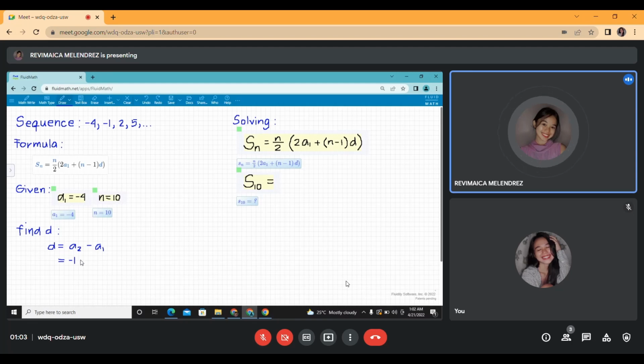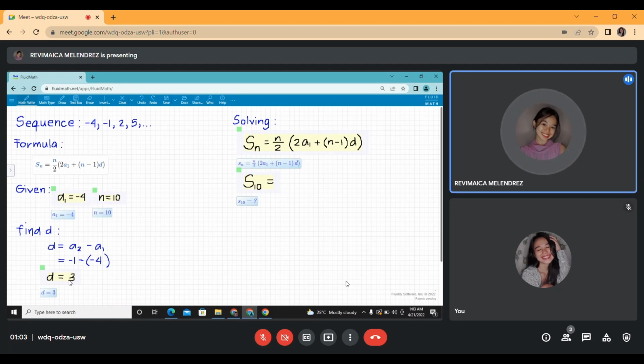So our a sub 2 is negative 1 minus our first term, which is negative 4. So let us change it to math right. So d is equal to negative 1 minus negative 4 is equal to positive 3. So we have now the value of our common difference, which is 3.